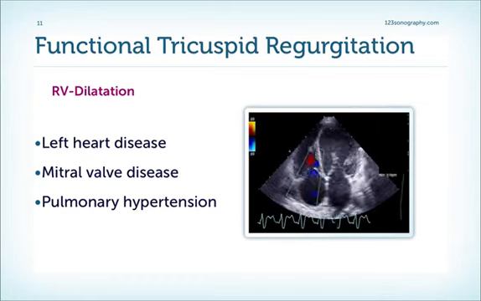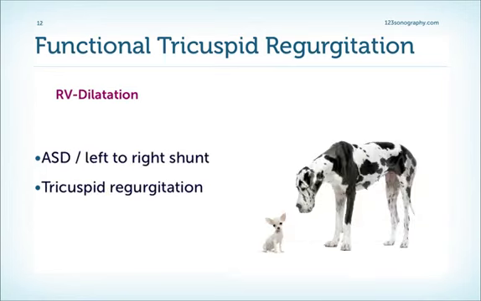For example, coronary artery disease, mitral valve disease, pulmonary hypertension, an atrial septal defect with significant left to right shunt, and tricuspid regurgitation itself causes a dilatation of the right ventricle, which then increases the degree of tricuspid regurgitation. In other words, we have a vicious cycle.